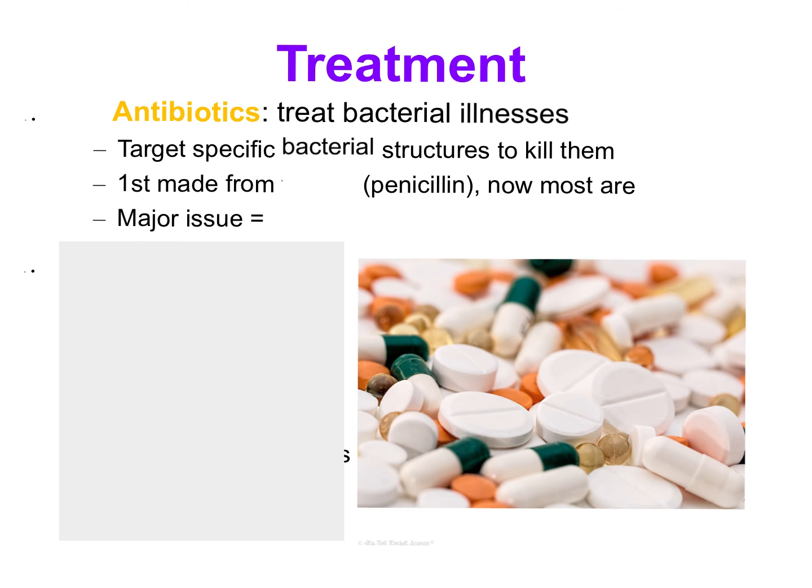So our first ever antibiotics were actually made from fungus, which is what penicillin is. So you're pretty much all familiar with this antibiotic, but it initially was from a type of fungus. And then nowadays, most of the time we are not actually getting these from the wild, we are getting them artificially. But the major issue with this type of antibiotic treatment is that we are running into the issue of antibiotic resistance.